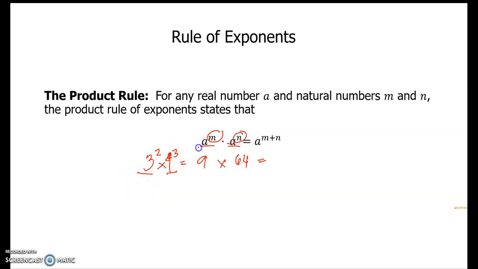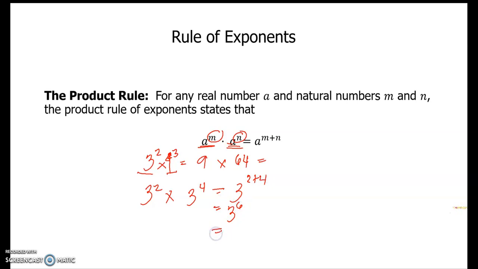So, kailangan natin ng parehas na base. Okay. So, 3 raised to 2 multiplied by 3 raised to 4. So, magiging sagot dyan ay 3 raised to 2 plus 4, and 3 raised to 6.